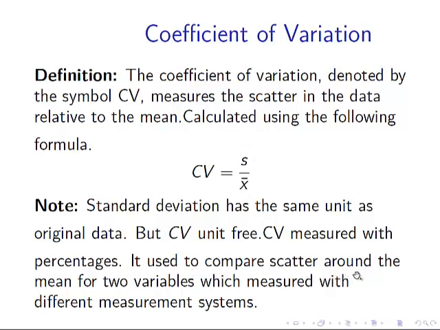It's used to compare scatter around the mean for two variables which are measured with different measurement systems. For example, if you have data measured in kilograms and data measured in centimeters, and you want to compare their scatter around their means, you have to use the coefficient of variation, because standard deviation cannot compare this.